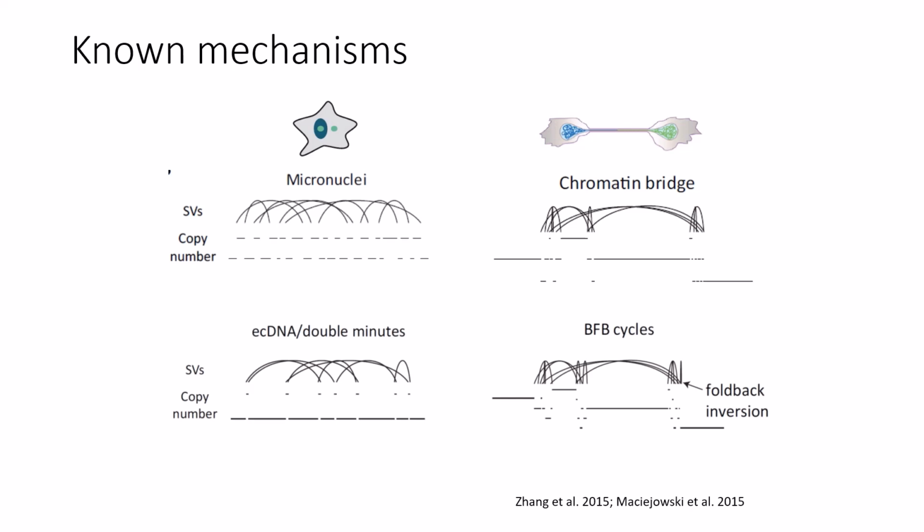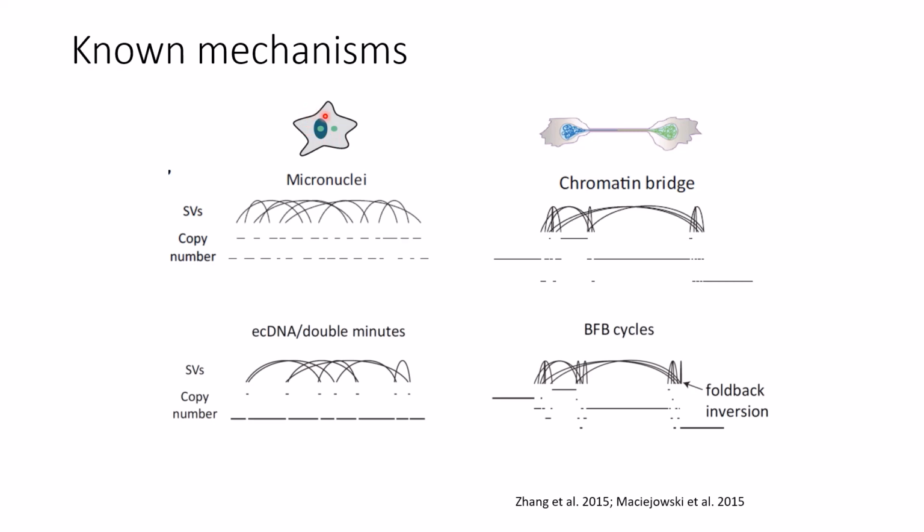There are several mechanisms known to produce chromothripsis in cells. For example, micronuclei and the chromatin bridge are two aberrant cellular structures formed during errors of the cell cycle. In micronuclei, during cell division, different chromosomes get pulled towards two different daughter cells, and sometimes several chromosomes will be lagging behind.